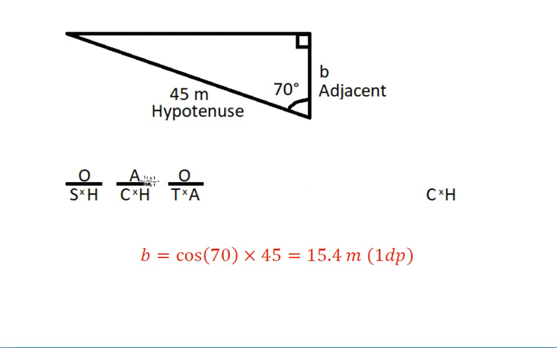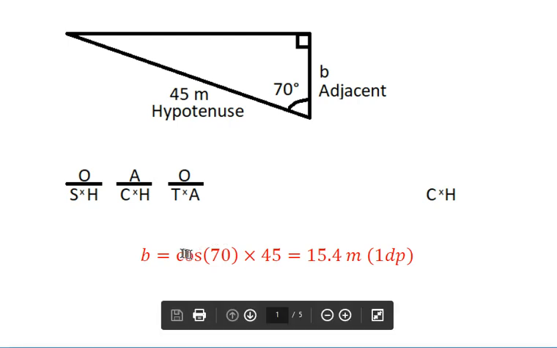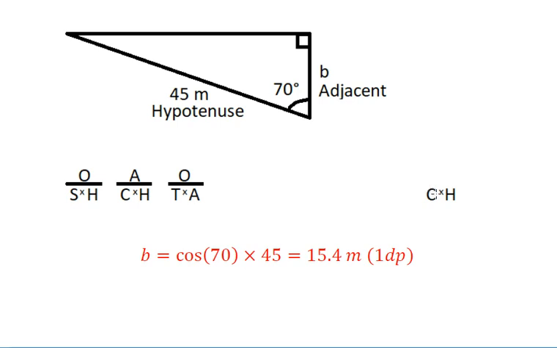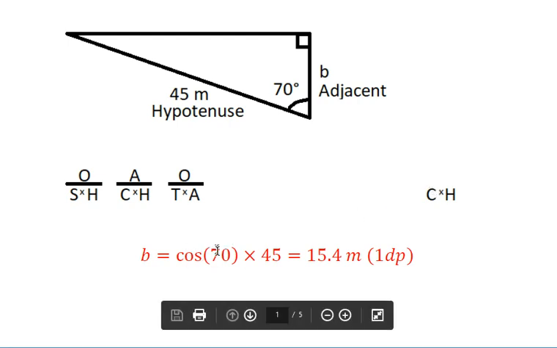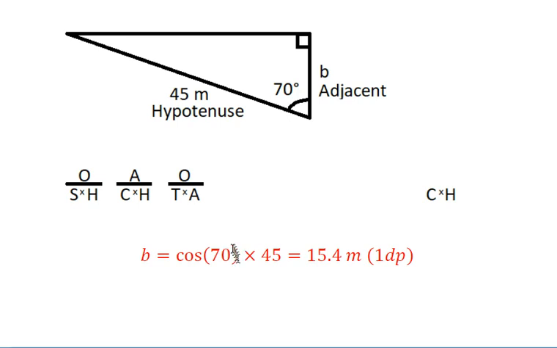We've covered up the A and we've got the C times the H. Now C in fact can be found on your calculator as cos. C stands for cos. It's a three-letter word on your calculator. You'll be able to find it there next to the sin, and all you have to do is press cos of the angle that is given, which is 70. Make sure you've got a closed bracket afterwards, because if you don't do that it will come out wrong.